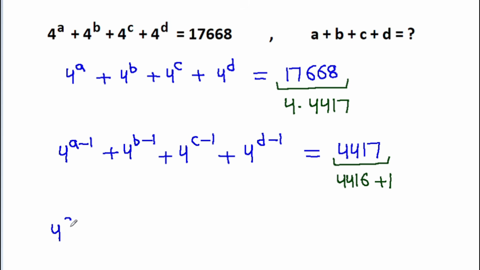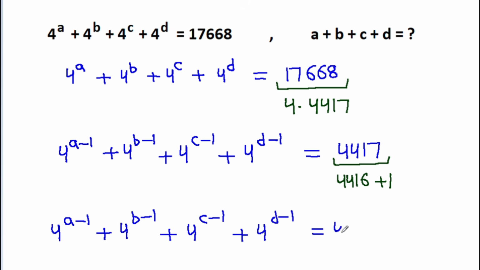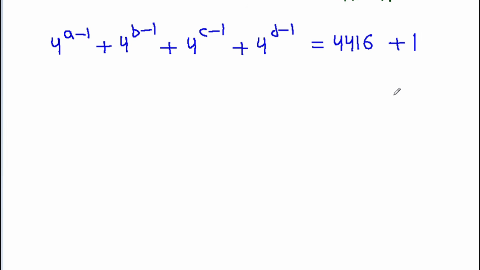So 4^(a-1) + 4^(b-1) + 4^(c-1) + 4^(d-1) is 4,416 plus 1. And now 4,416 is a multiple of 4, and 1 is 4^0.